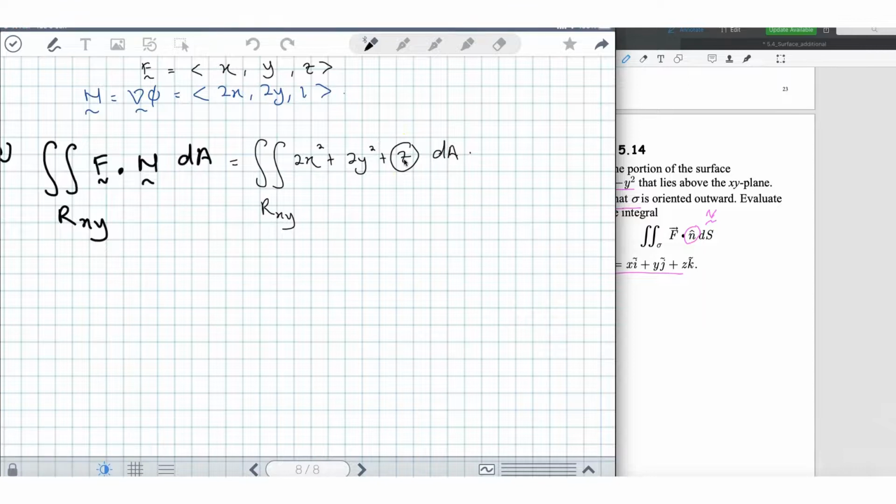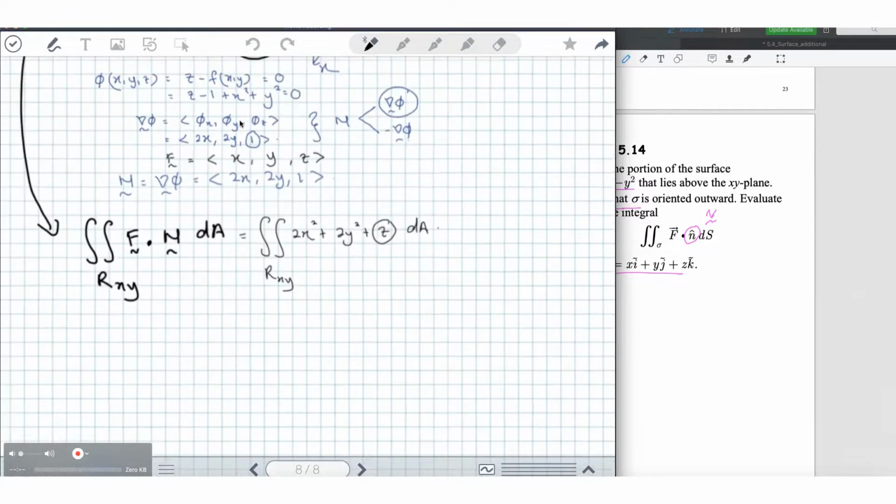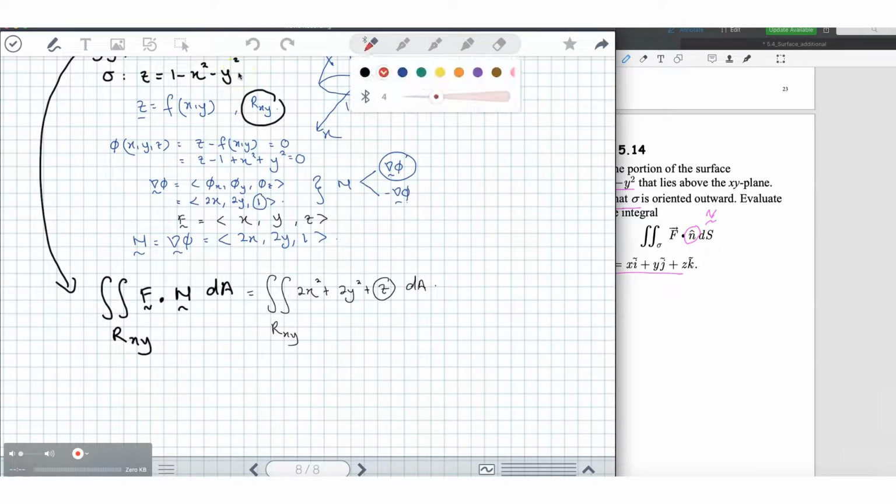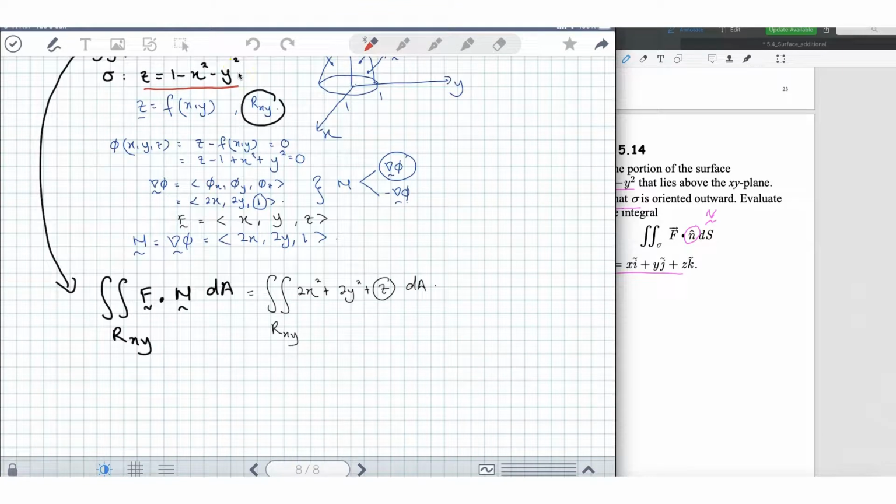So what is the equation that can be used to replace the z? It should be your surface function where z equals 1 minus x squared minus y squared. So you have to use this to replace. So now your equation becomes 2x squared plus 2y squared plus z, where z is 1 minus x squared minus y squared.